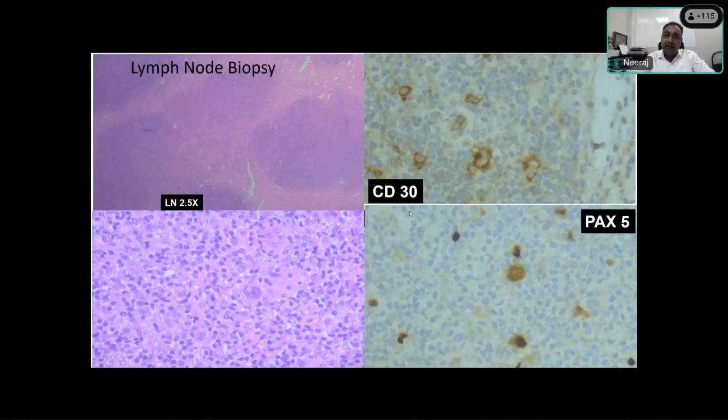Then further markers like PAX5, OCT2, BOB1 and CD45 are done to see whether we are dealing with a Hodgkin lymphoma. There is weak PAX5. CD45 was negative, though I'm not able to show it in the slide here, and OCT2 and BOB1 were also negative. So we are able to say that this is a case of classical Hodgkin lymphoma. That was the diagnosis given here.